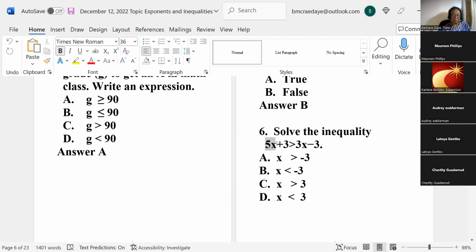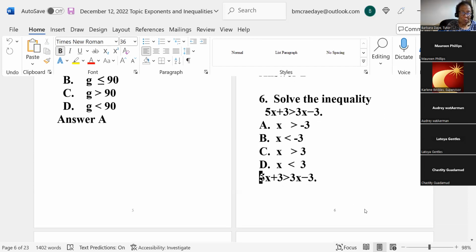Let's take this: 5x plus 3 greater than 3x minus 3. So let's just put that there. Now, what we want to do is get all our x's together and all our constants together.